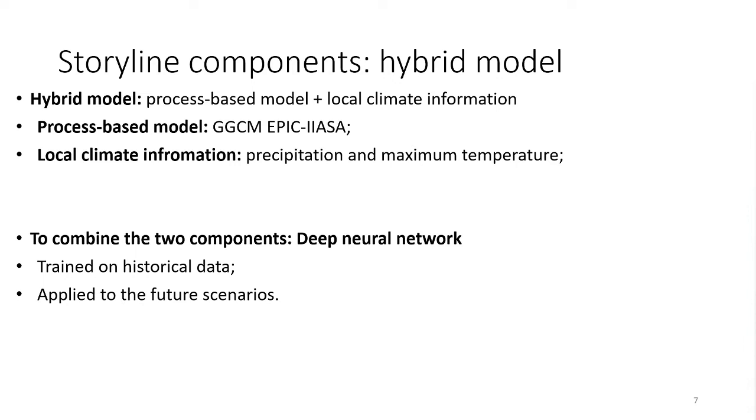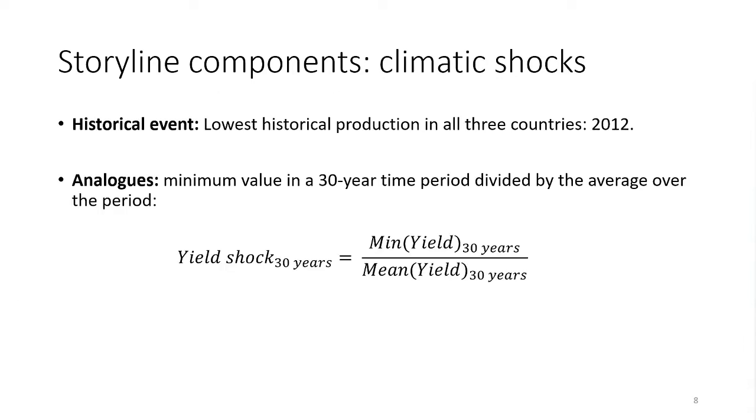So we train this model, and then we start applying it to the future, and then we have an allegedly better forecast of what might happen in the future. And the second component, which is still a bit technical but important to mention, is the climate shock. So our storylines are based on a physical weather shock or climatic shock. We take a year in the future, we select this point, and then we try to find in the surrounding 30 years what is the largest shock that we see.